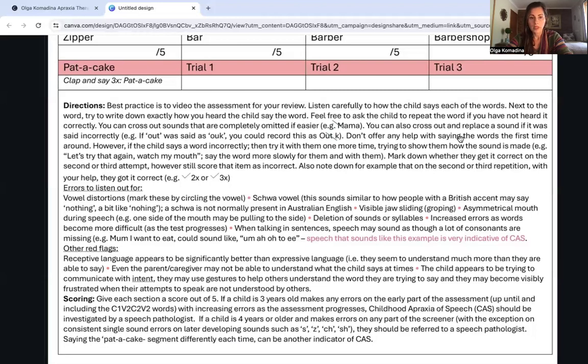They might become visibly frustrated when their attempts to speak are not understood by others. If you can imagine, you've got fully developed language and you speak verbally to people, and then imagine you woke up tomorrow and you couldn't talk anymore. How frustrating would that be? Because you've got the language, you've got all the sentences in your mind, you know exactly what you're trying to say, and you go out to say it, but it's all jumbled.